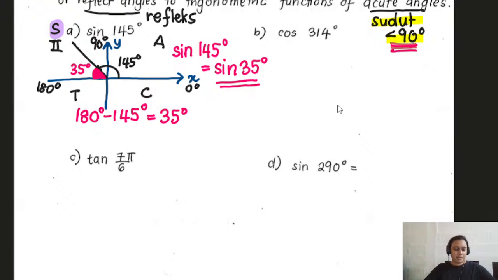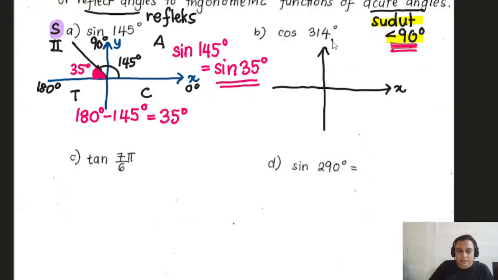B is cos 314. So we draw first. Kita lukis dulu 314. It will go to quadrant 4. But our goal, what we supposed to change, kita perlu tukar dia kurang daripada 90, right?